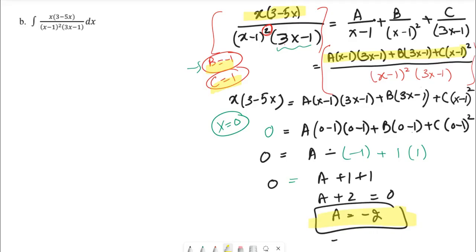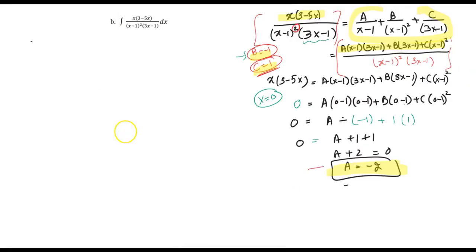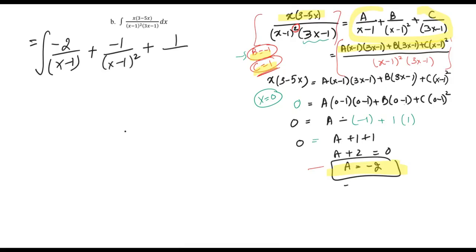So using our split integral and these 3 values, we should be able to write our integral as, this integral can be written as integral of A, which is negative 2, divided by x minus 1, plus b, which is negative 1, divided by x minus 1 whole square, plus c, which is 1, divided by 3x minus 1, with respect to dx.